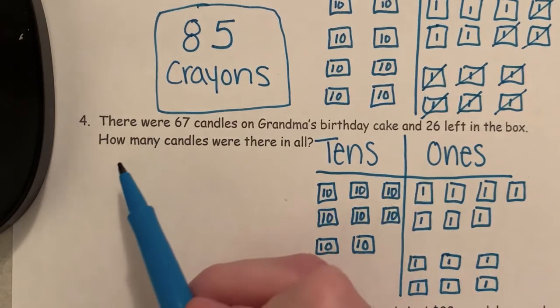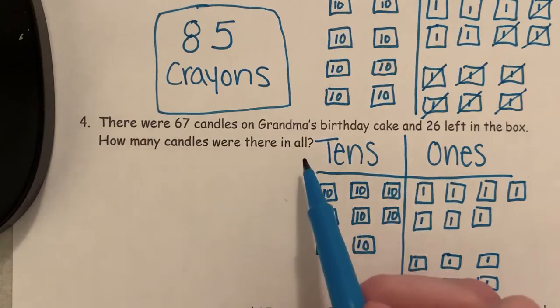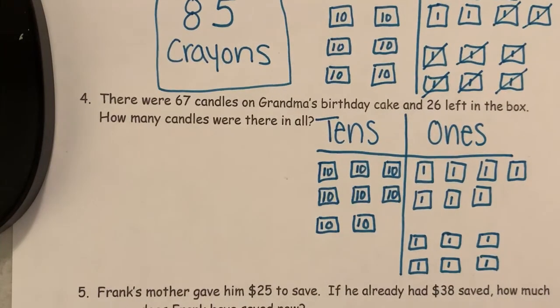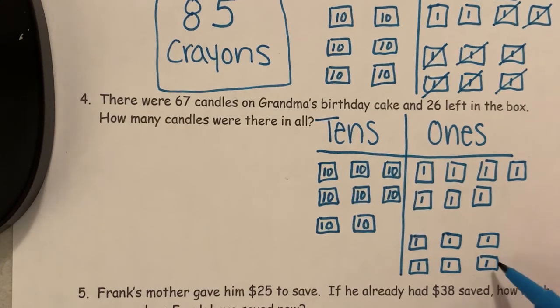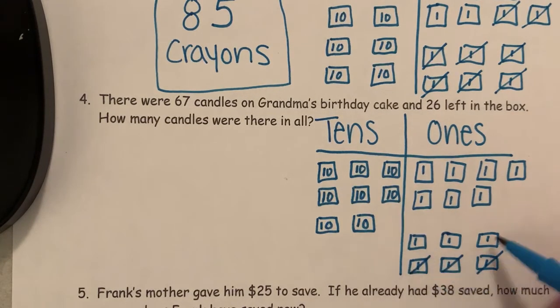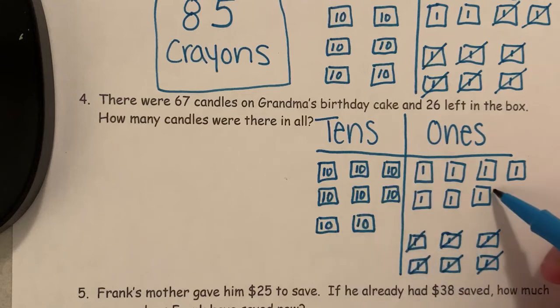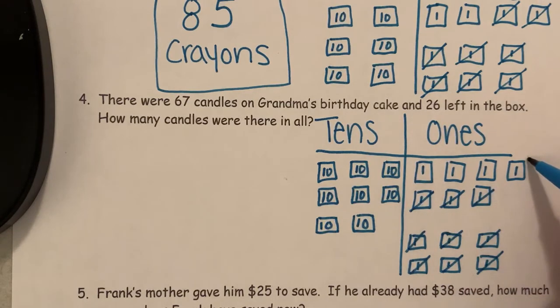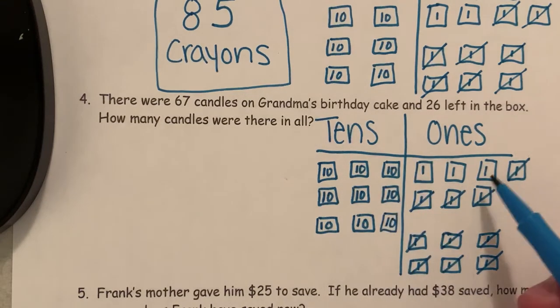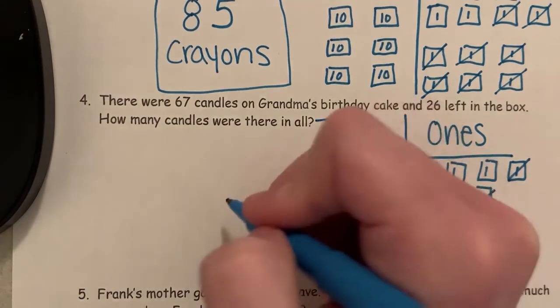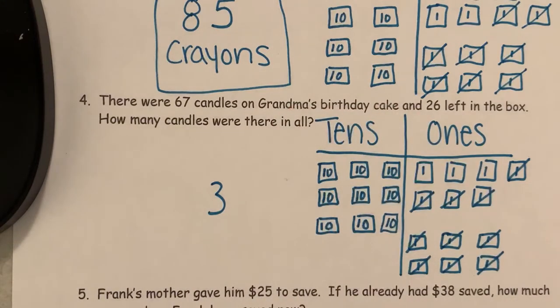All right, so again, it's saying how many candles were there in all. So we're going to be adding. So again, let's see if we can make a 10 from our ones. So we have 1, 2, 3, 4, 5, 6, 7, 8, 9, 10. So we can make a 10. So we're going to have 1, 2, 3 left in our ones place.